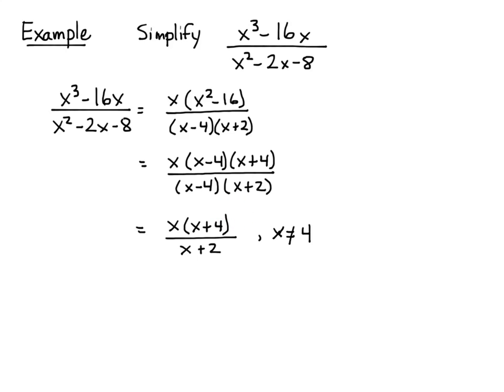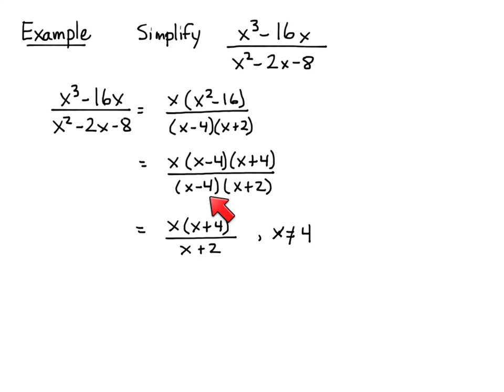Now, a more precise mathematical way to think about this is that when we're dropping out the x minus 4 over x minus 4, we can cancel that because it equals 1. We're just factoring out a 1. That's all we're doing. Well, it only equals 1 when x does not equal 4.